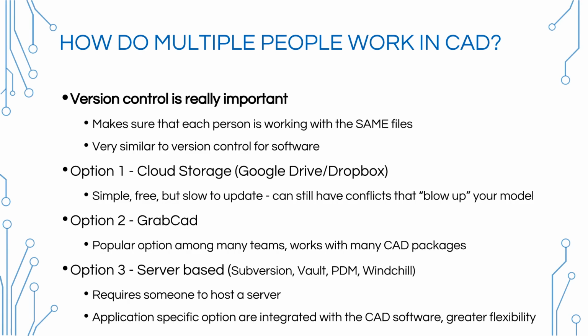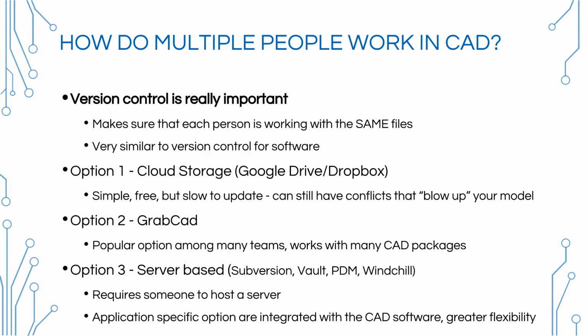And then the 3 major CAD packages, Autodesk Inventor, Solidworks, and PTC Creo, have their own file management systems: Vault for Autodesk, PDM for Solidworks, and Windchill for the PTC products.